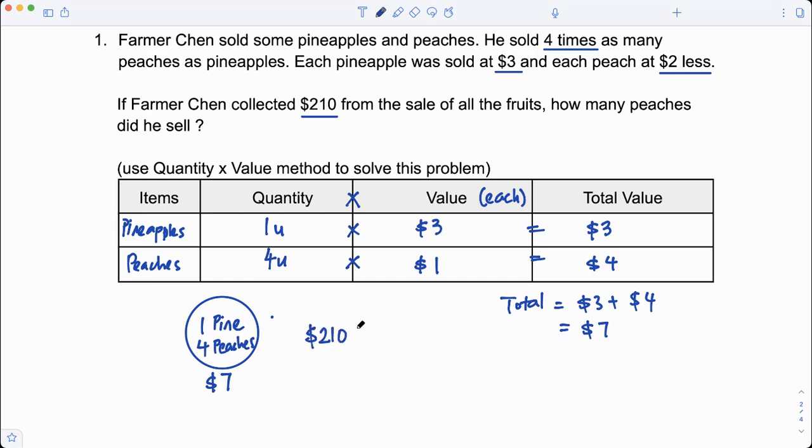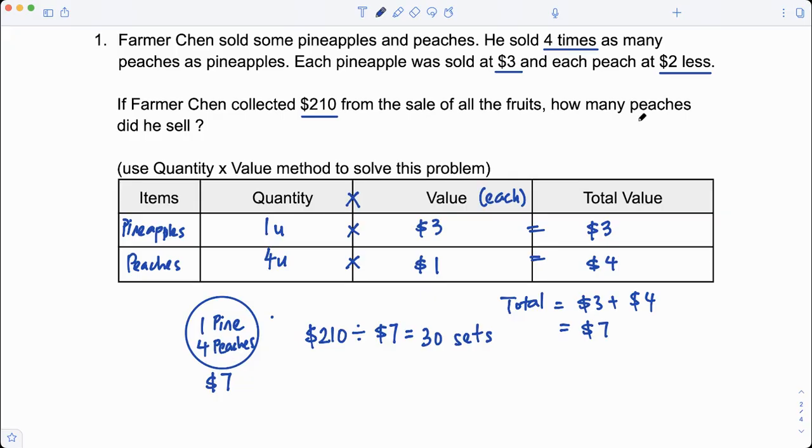We take 210, divide by $7, which is the amount he collected for 1 set. We can find the number of sets, which is 30. So there are 30 sets of 1 pineapple and 4 peaches.